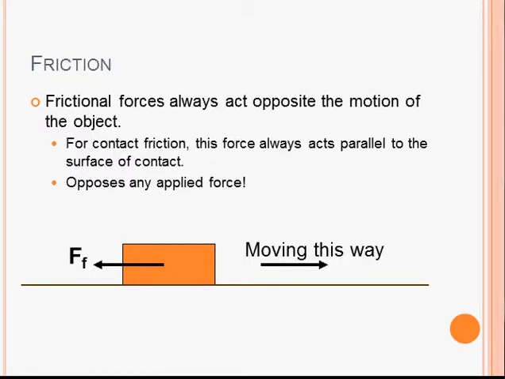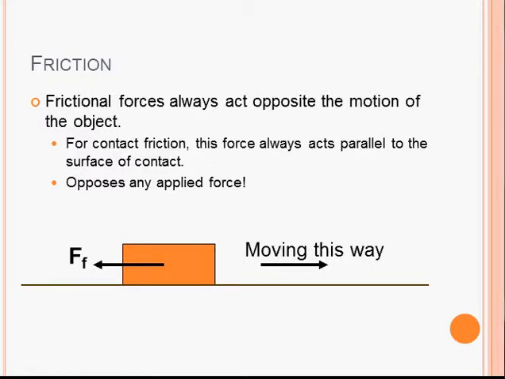You can see the diagram down there. We have a block. Let's say it's moving to the right. Well, the frictional force wants to prevent it from moving to the right, so it's going to slow it down the other way. So the frictional force is going to act opposite the direction, so it would act to the left. And notice we just call it FF for force of friction, and we say that it opposes any applied force.